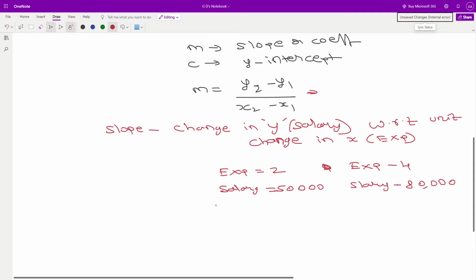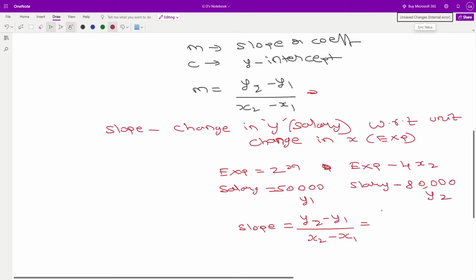If I calculate the slope here, let's assume this becomes your x1, this becomes your x2, because you're talking about experience, that is the x value, and let's assume this is your y1 and this is your y2. So the slope becomes y2 minus y1 by x2 minus x1.